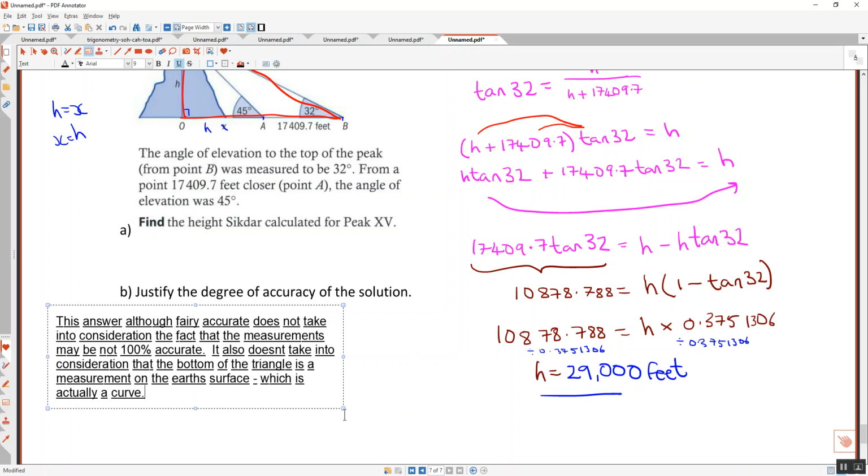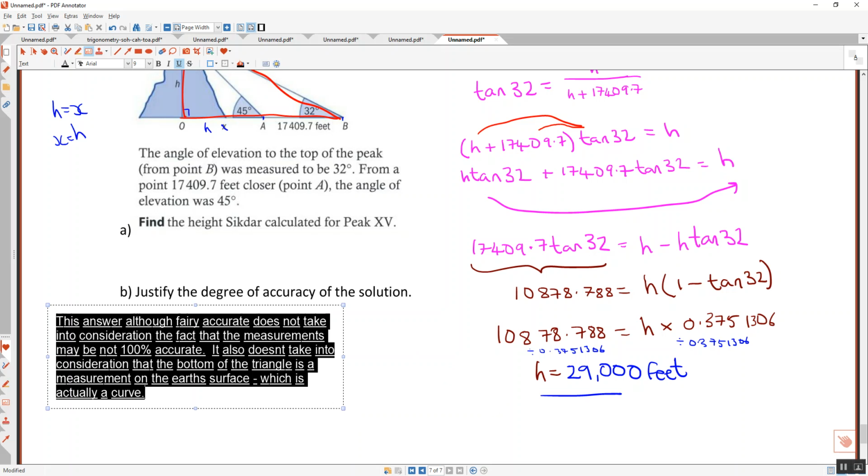Okay, so the answer will be slightly inaccurate because of those considerations.